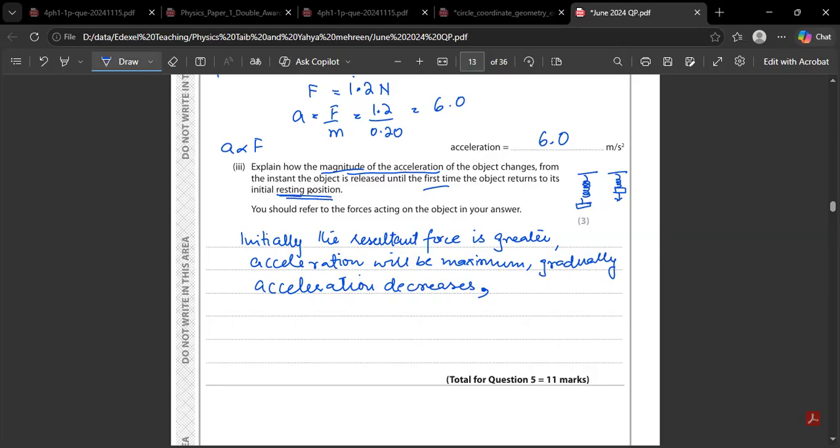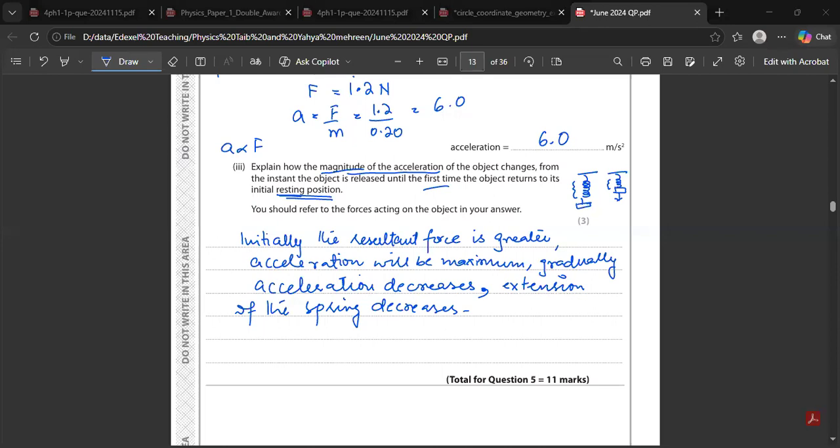That means the extension is decreasing every time. So the extension of the spring decreases, right? Any confusion here?